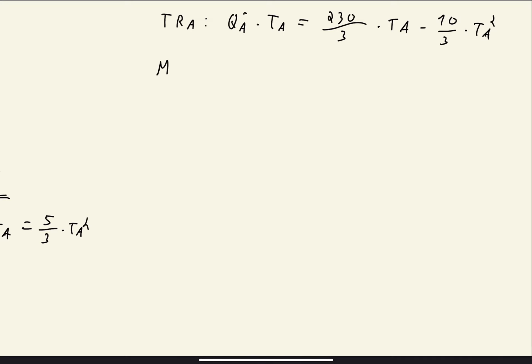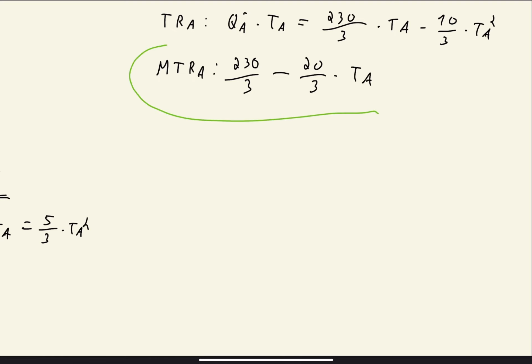And the marginal tax revenue for apples is then simply the derivative. So it's 230 divided by 3 minus 20 divided by 3 times TA.